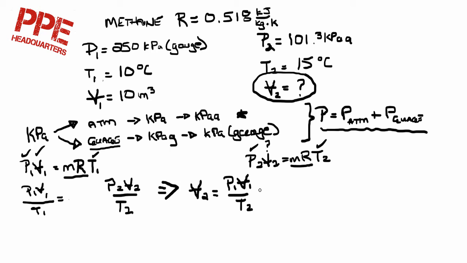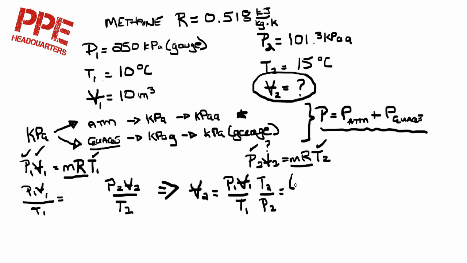That basically just singles out my V2. So, and now I need to multiply both sides by T. I made a boo-boo here. Hopefully somebody caught that. Just taking this over here and putting it over here. Here we go, multiply both sides by T2 and divide both sides by P2. Okay, let's work through this.